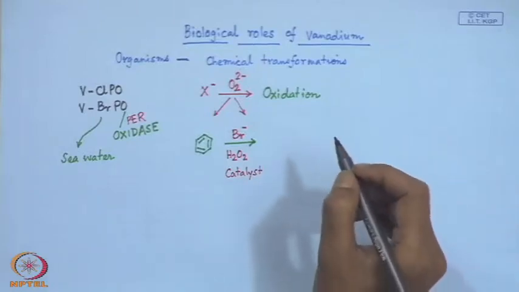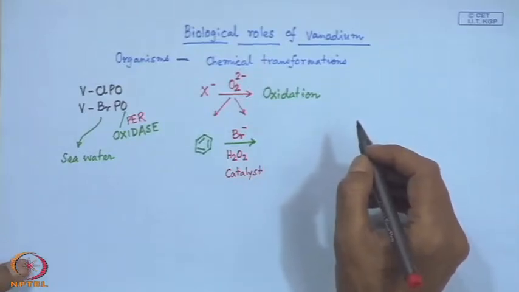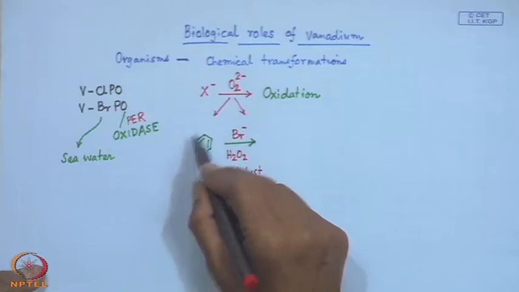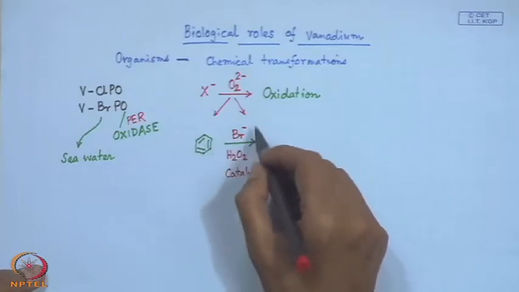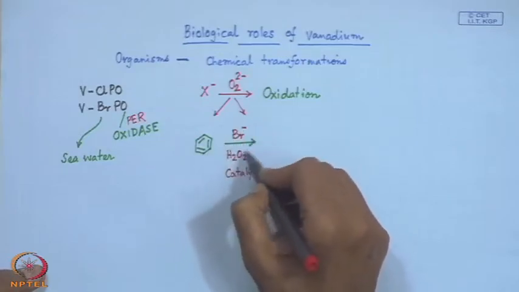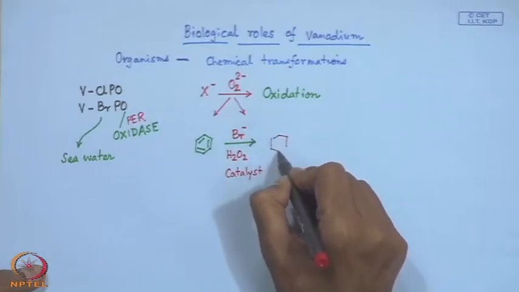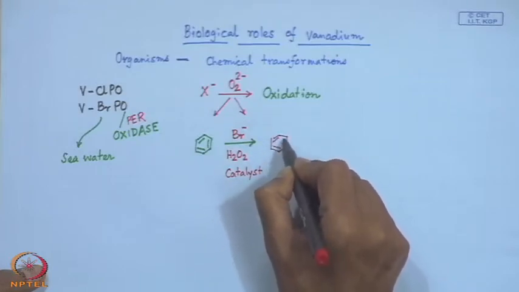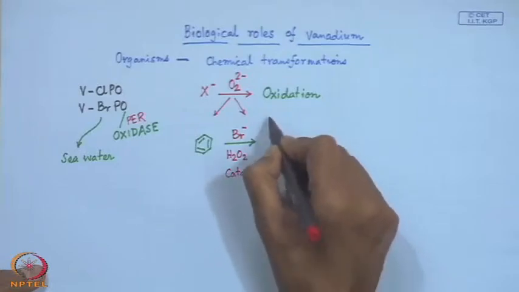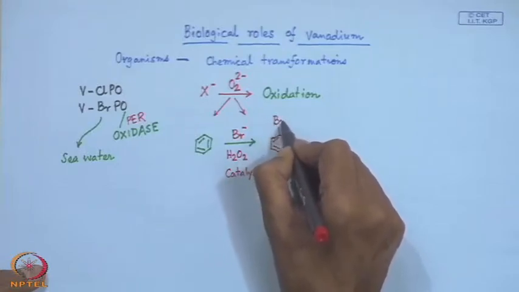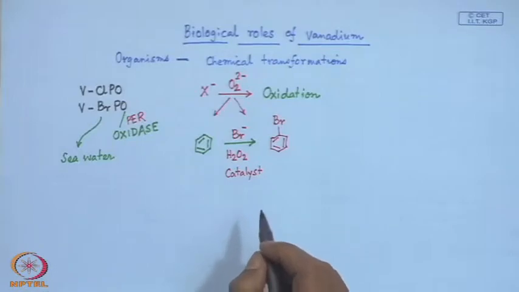So, if that vanadium based catalyst can show some reaction on these and we able to generate some bromonium ion, and that bromonium ion can attack the ring and can end up with some generation of some bromobenzene derivative.